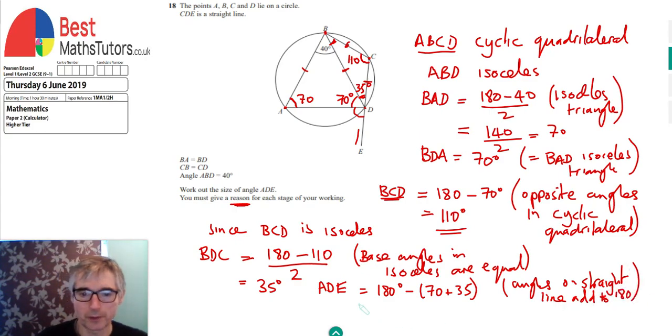So that's 180 minus 105, which will give me 75 degrees. And we've done it. That was the angle that we were looking for.